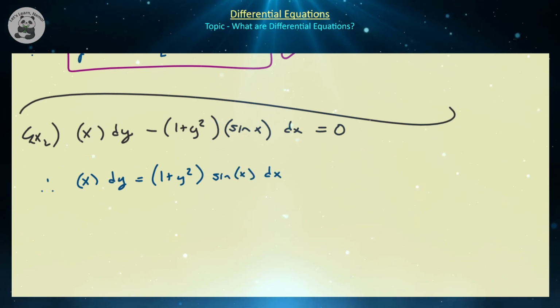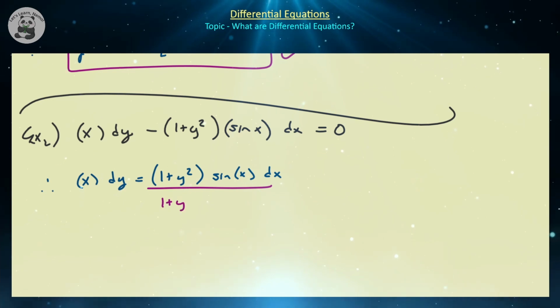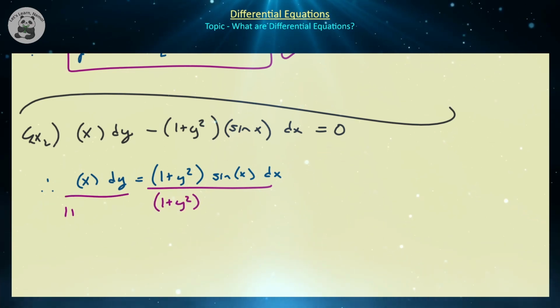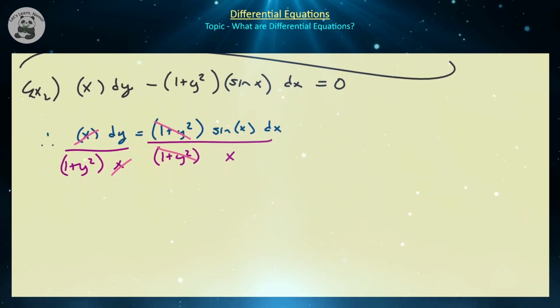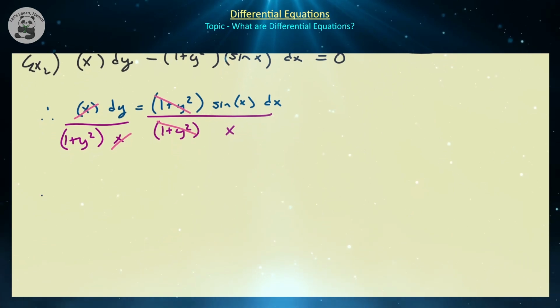Now what I want to do is put all of my y stuff on the left hand side because that's where my differential y term is, and I also have my x term on the left hand side, so I'm going to move that to the right hand side. So my x's are going to cancel, my 1 plus y squareds are going to cancel, and that should put us in a very friendly form.